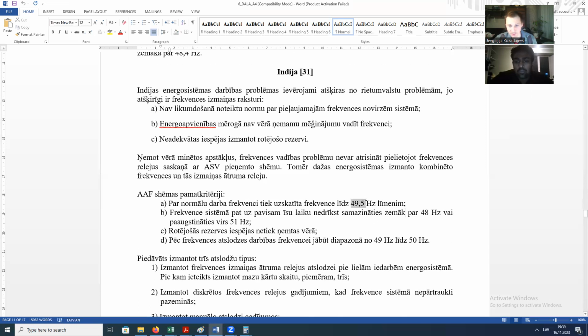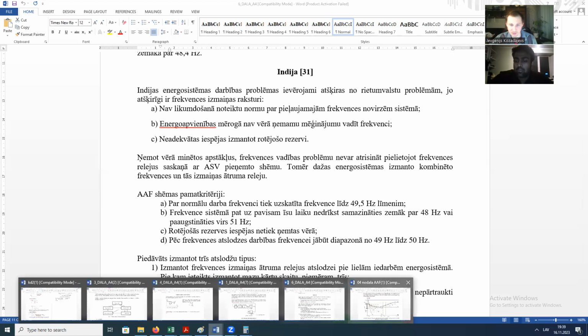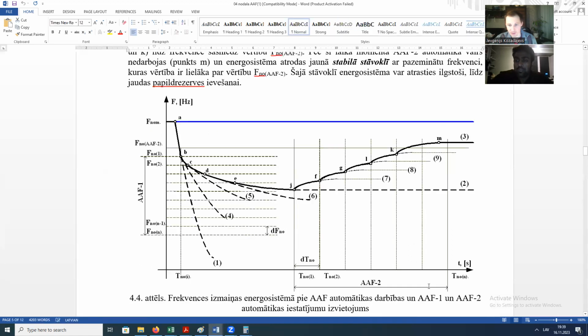Just the starting set point and the idea that the under frequency automation stops its operation when the frequency is from 49 to 50 hertz. So with the idea that the under frequency automation goes something like here.